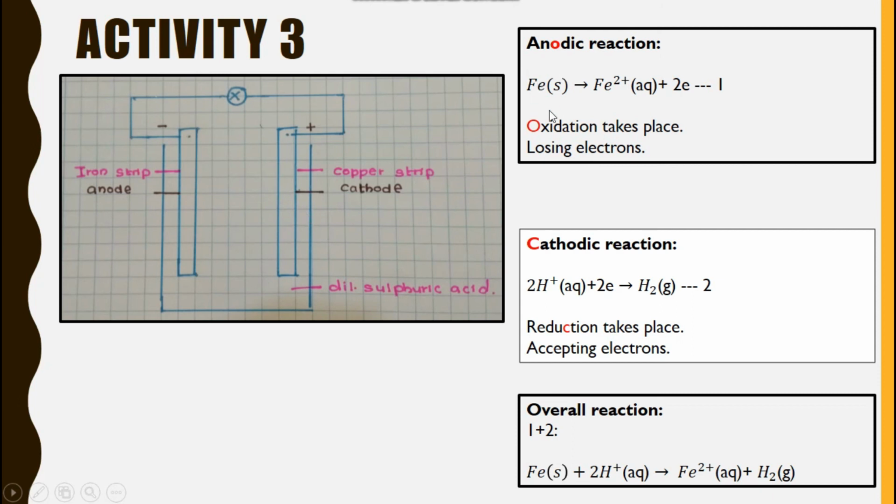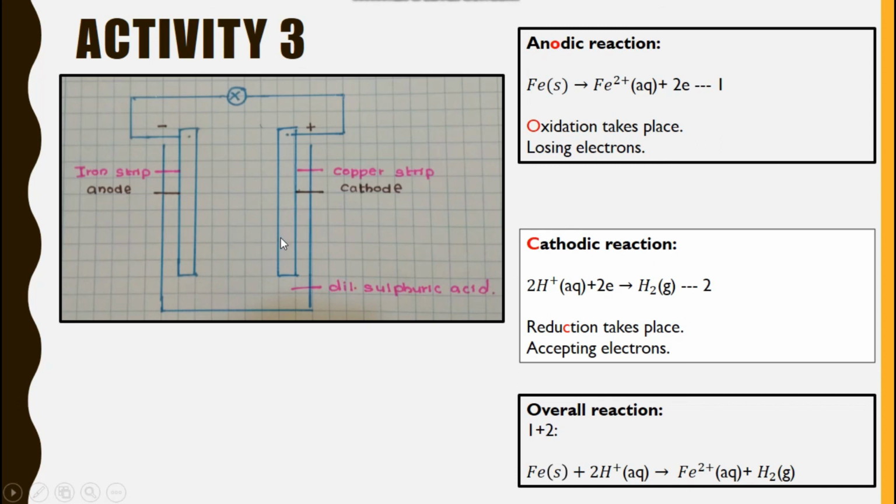You can see here the iron rod will lose 2 electrons and become Fe2+. Then the electrons lost by the iron will come and get embedded on the copper strip, or else on the cathode. This dilute sulfuric acid is releasing H+ ions and SO4 2- to the solution.